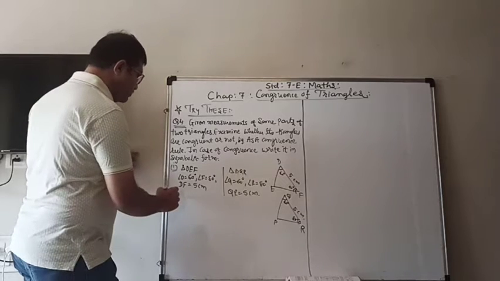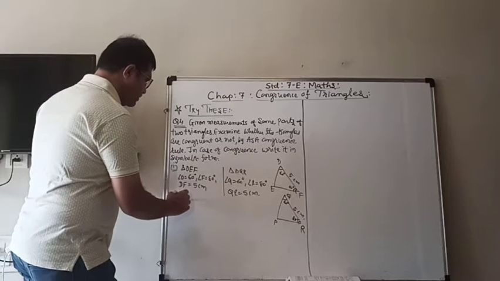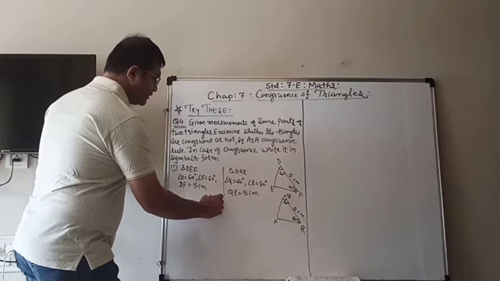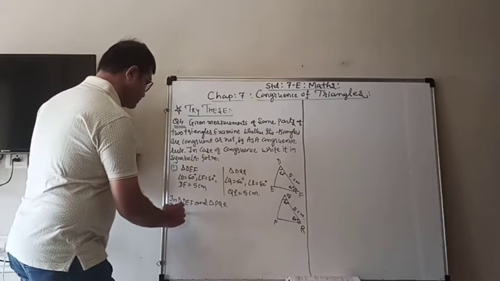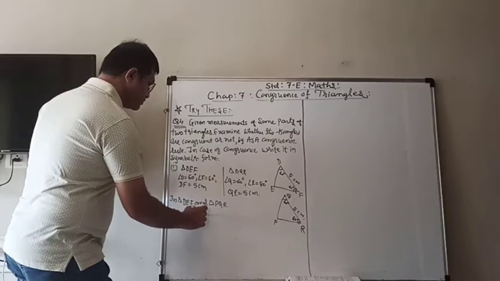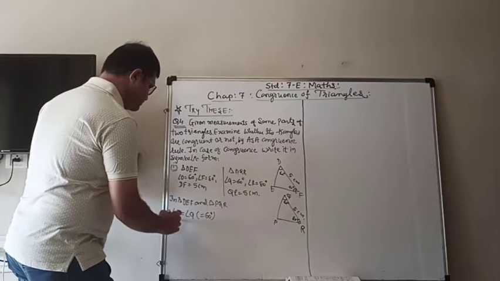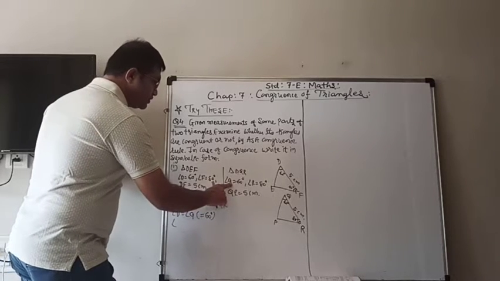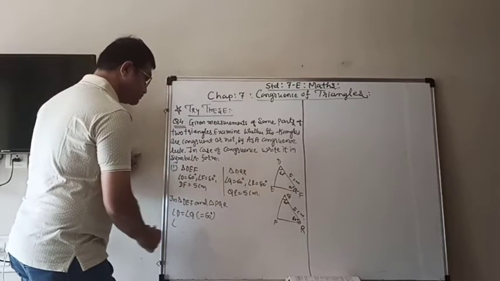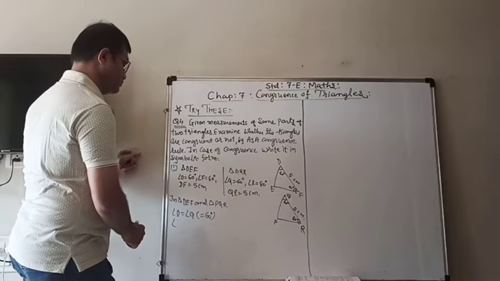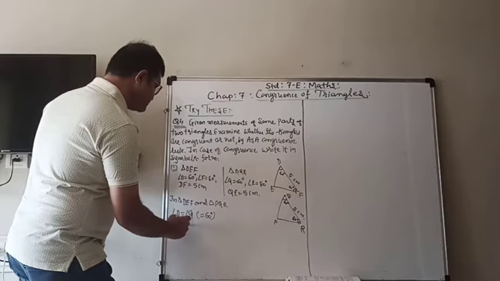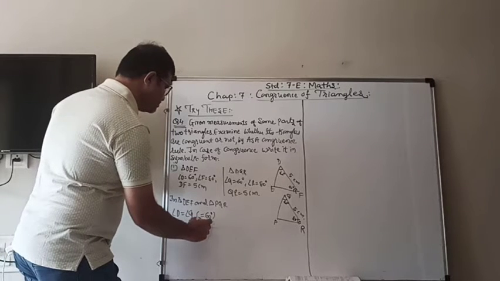So now we can write down, in triangle DEF and triangle PQR, angle D is equal to what? Angle Q is equal to 60 degree. Then angle F is equal to angle R is equal to 80 degree.